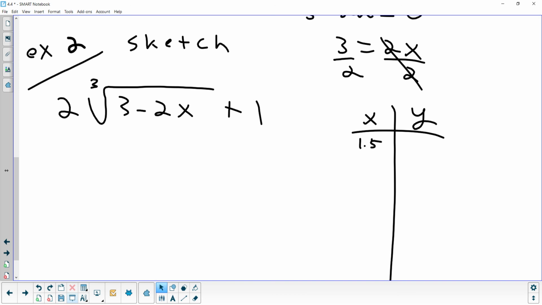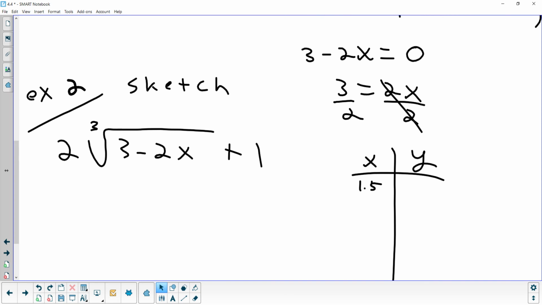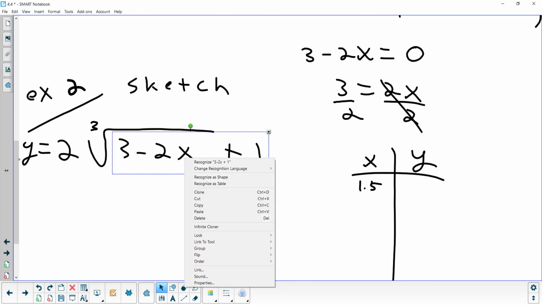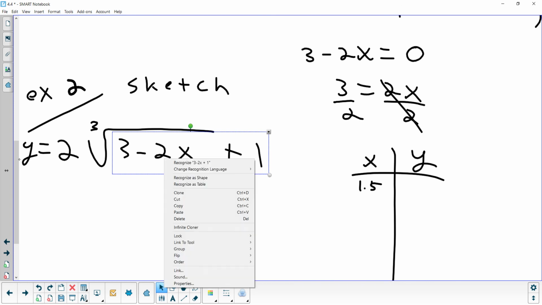Again, this is just 1 point I'm going to use, but it's an important one. It's the center. And now, to get the y value, plug that back in. We use substitution. What's 2 times 1.5? Tyler? 3. And what's 3 minus 3? 0.